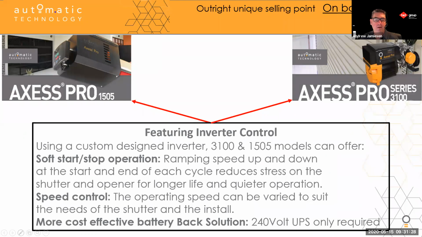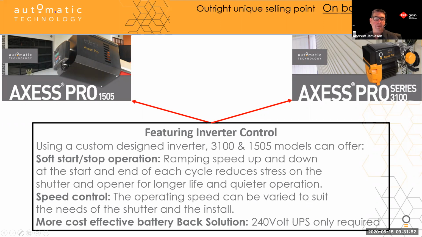One is ramping up, ramping down, soft start, soft stop, which is going to reduce the stress on the opener, and it's going to make it more tailored to suit those commercial doors that require less noise because of the slamming action, but also a more controlled action throughout its movement in both open and close.